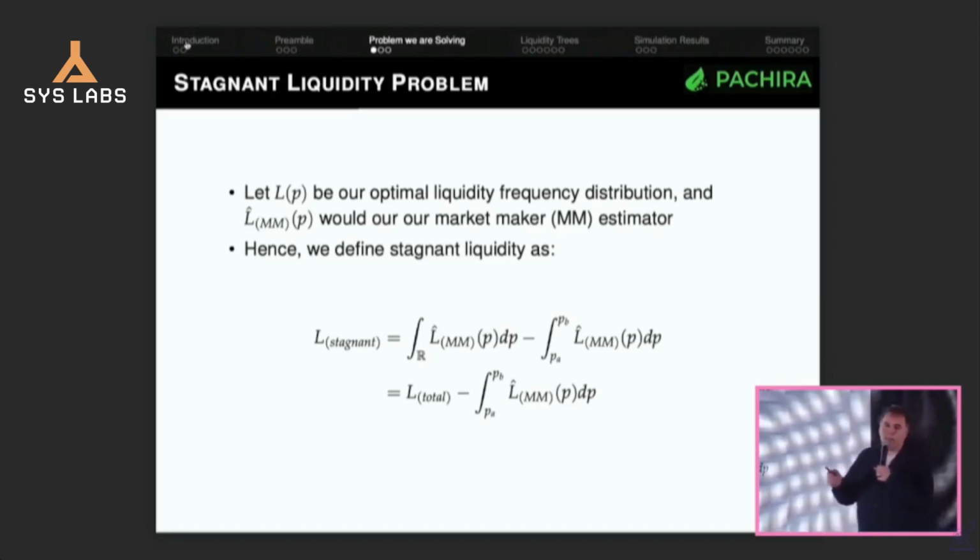So if we let L of P be our optimal liquidity frequency distribution, then our constant liquidity market maker would be defined as L hat, because it's trying to concentrate all the liquidity within the price band, but it will never ever do that. There will always be liquidity that lies outside that price band. So we call that liquidity outside the price band stagnant liquidity.